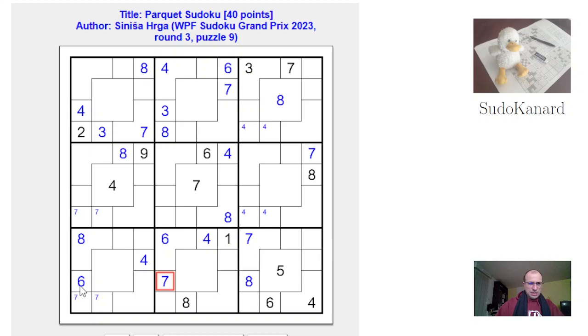And this 6 seems to interact with this one, or does it? It sort of does, because we can rule those out. So 6 is either here or there. I will just put small pencil marks like this. Because, once again, there are two options.